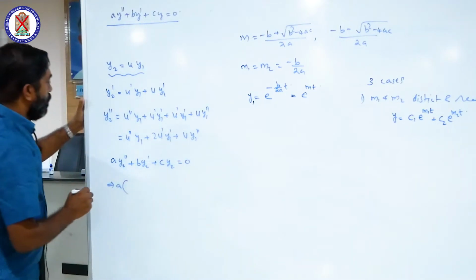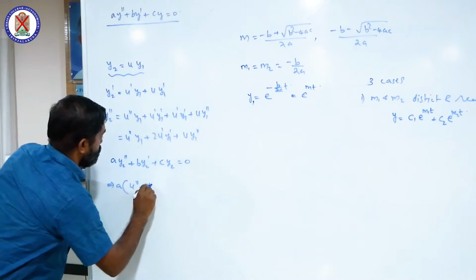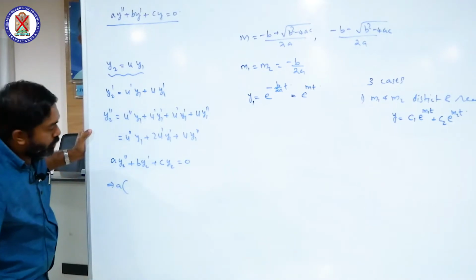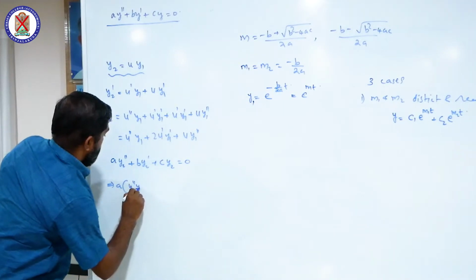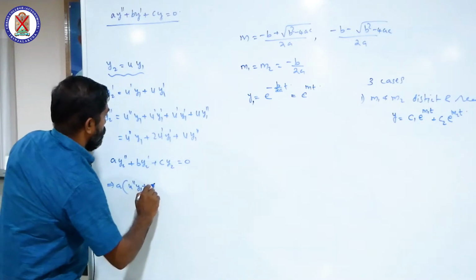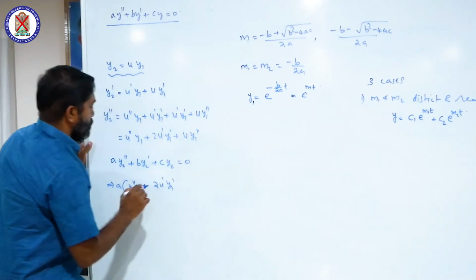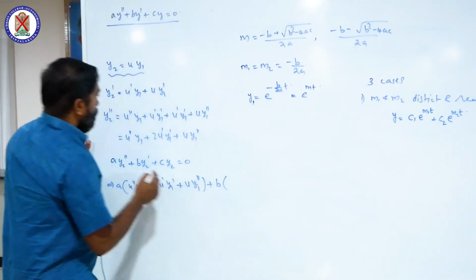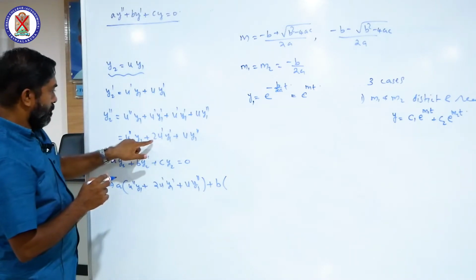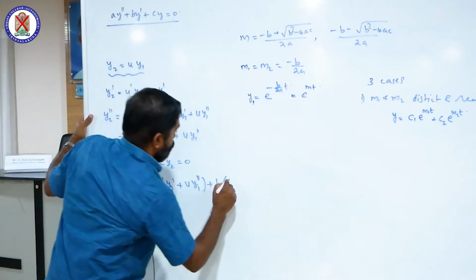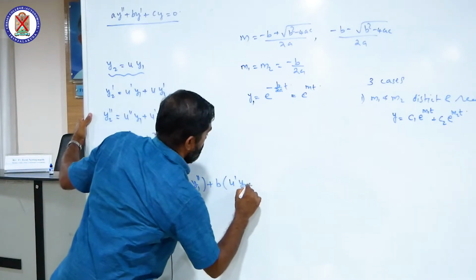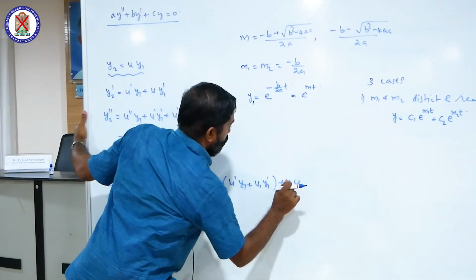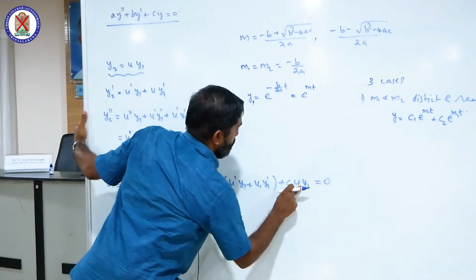This implies a into y2 double dash, which is u double dash y1 plus 2 u dash y1 dash plus u y1 double dash, plus b into y2 dash, which is u dash y1 plus u y1 dash, plus c into u y1 equal to 0.